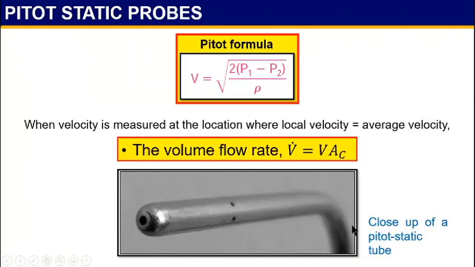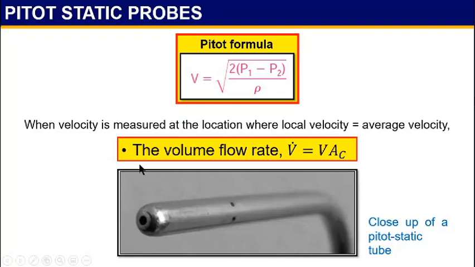Alright. Now, using the pitot static probe, we can derive the velocity value by using this formula: V equals the square root of 2 times (P1 minus P2) divided by density. When velocity is measured at the location of the local velocity, it is equal to the average velocity.